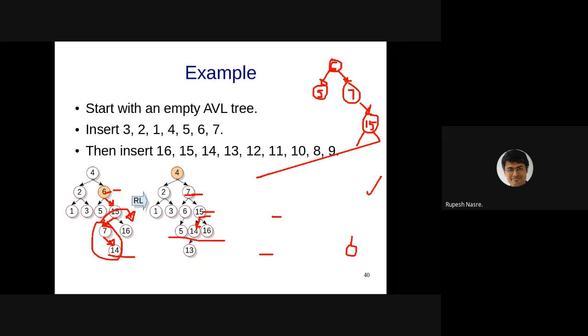Salman says, can we prove the complexity of insertion? Yes. One thing is that insert requires order log n in BST. That is what we are going to need anyway, so log n is definitely involved. What we have to prove is the complexity of rotations. If we can prove that the complexity of rotations is constant time, or even logarithmic might be okay, as long as we are doing a constant number of rotations, which is the case, one rotation or two rotations, then the complexity still continues to remain log n.